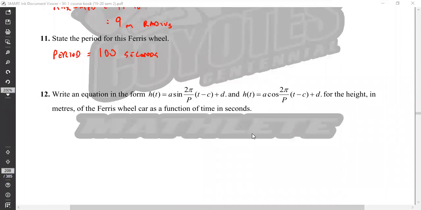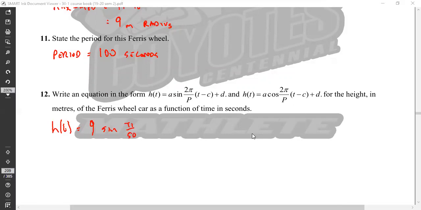All right, so what we should have here is h of t. We have an amplitude of 9 because that's the radius of this wheel. Sine, we have 2 pi over period. If our period is 100 seconds, this ends up being pi over 50.